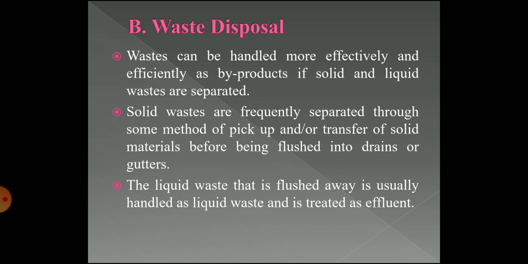For example, solid waste: if solid waste is separated from liquid waste and transferred to a safe place, or transferred into a processing plant like a biogas plant, then we can use solid waste as a fertilizer. In case of liquid waste, if we handle it properly, then we use it for effluent treatment.